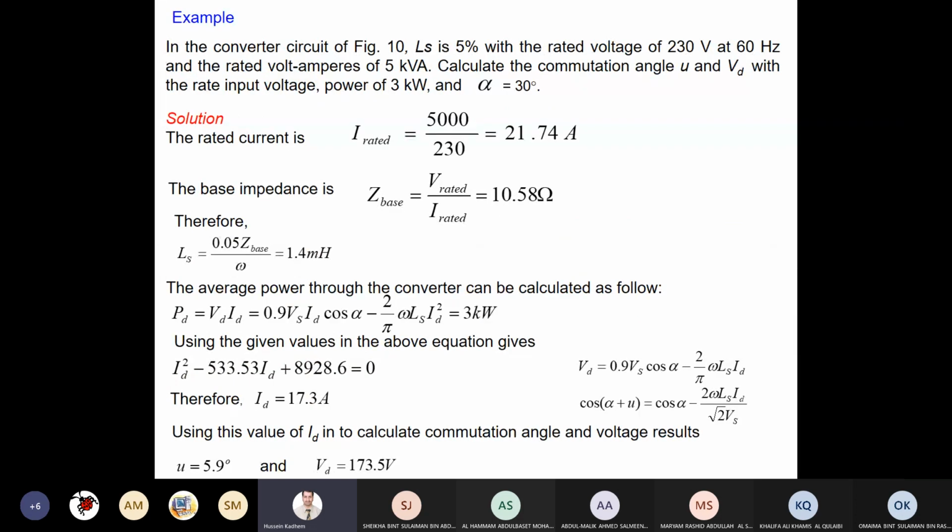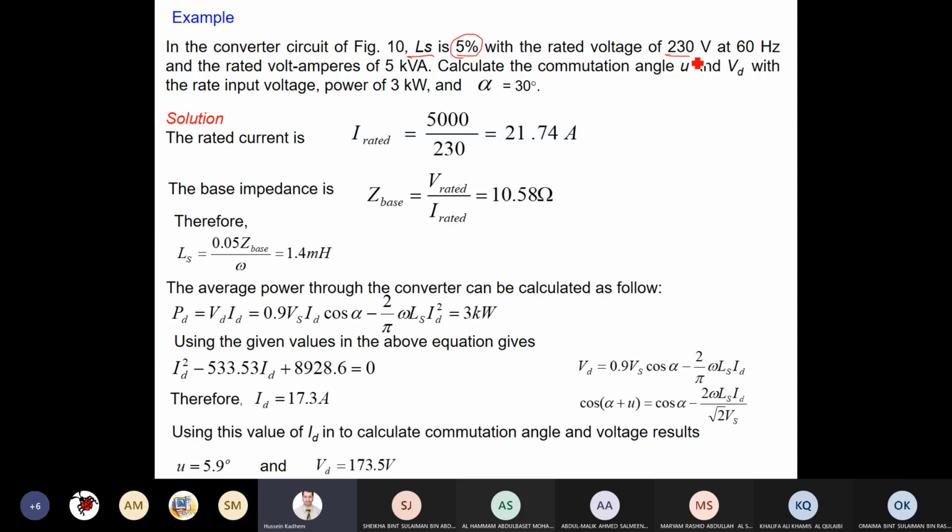Let's apply all this discussion in this example. This summarizes the whole discussion. In the converter circuit of the previous figure, the full bridge thyristor rectifier circuit, LS is given as 5%. Sometimes the inductance is not given in Henry, it's given as a percentage of the base voltage and current.